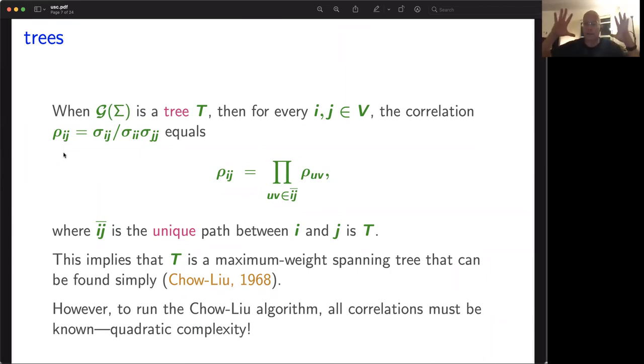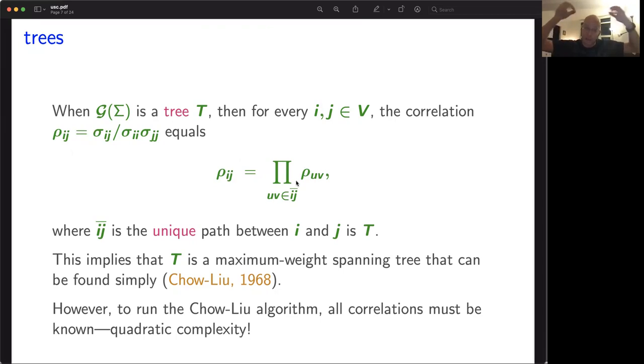If the underlying graphical model is a tree, meaning that the graph defined by the non-zero entries of the inverse of this positive definite matrix is a tree, then the correlation, which is just the normalized covariance, between vertex i and vertex j is just the product of the correlations on the unique path between these two vertices.